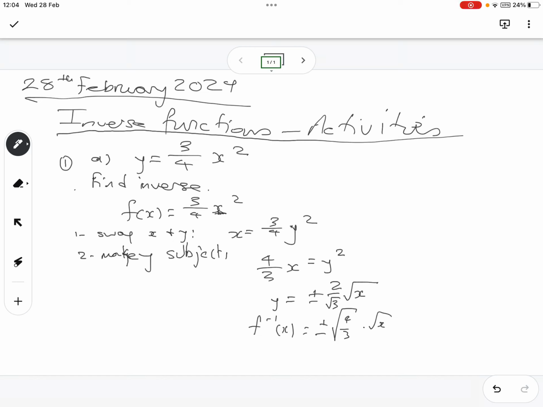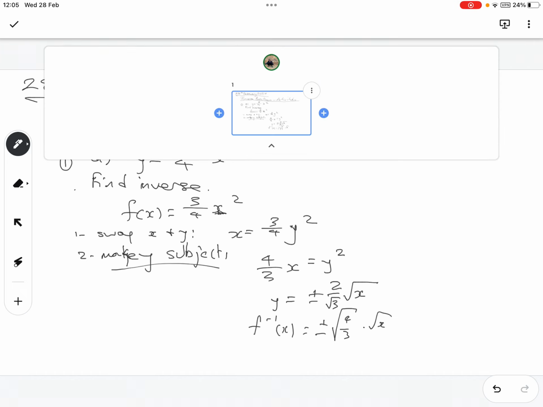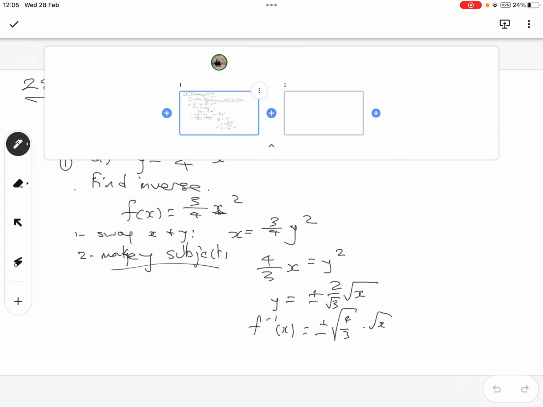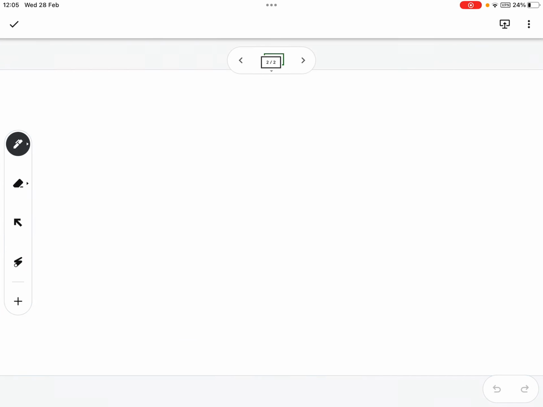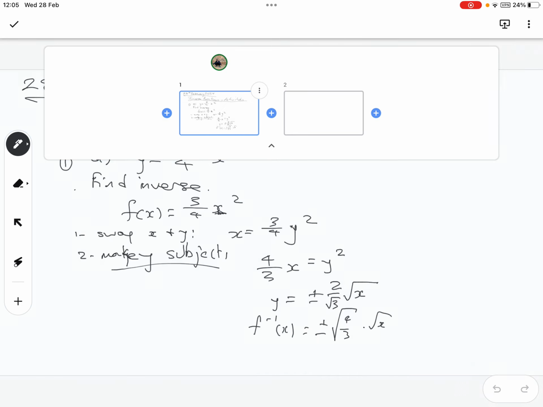What else do we have to do? Let me add a new page. That's not what I wanted to do. I wanted to refer to here. Oh, okay, so we've made the other one subject of the formula.